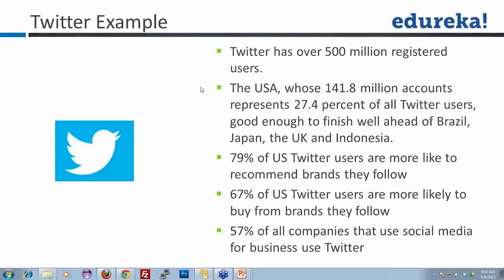The crux of the matter here is that a lot of people are there, a lot of activities are happening, and one very important thing, why we are doing all this analytics, is that 79% of US Twitter users are more likely to recommend brands they follow, and 67% of US Twitter users are more likely to buy from brands they follow. That is why this is so important.